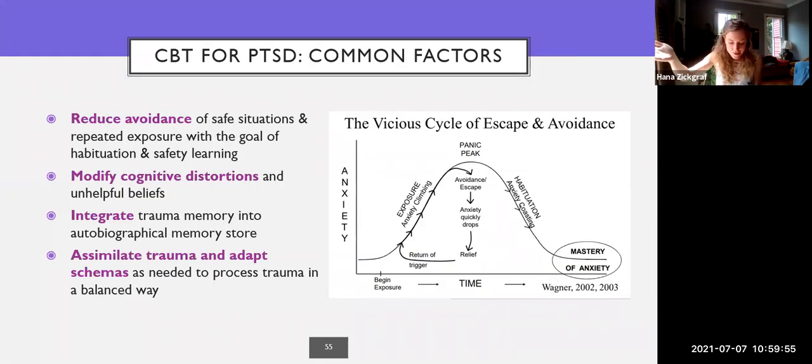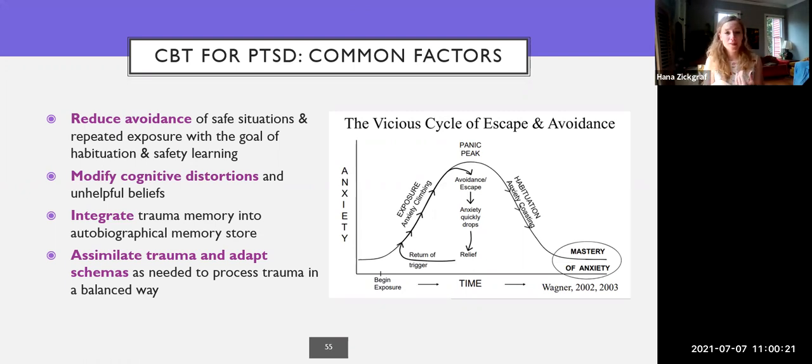So, of course, the common factors between these two therapies for PTSD are that they both work to reduce avoidance of safe situations, of thinking about the trauma, of exposing yourself to things that trigger the memory. They both work to challenge cognitive distortions and unhelpful beliefs. Prolonged exposure therapy does this sort of indirectly by creating safety learning, whereas cognitive processing therapy really targets the beliefs explicitly.